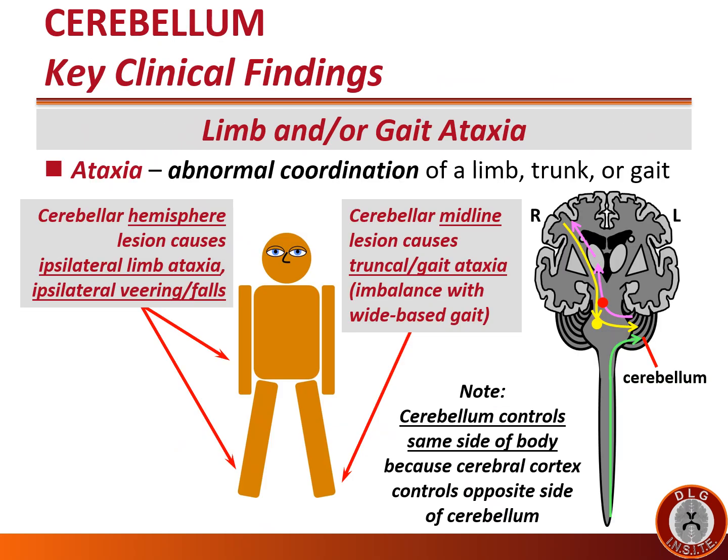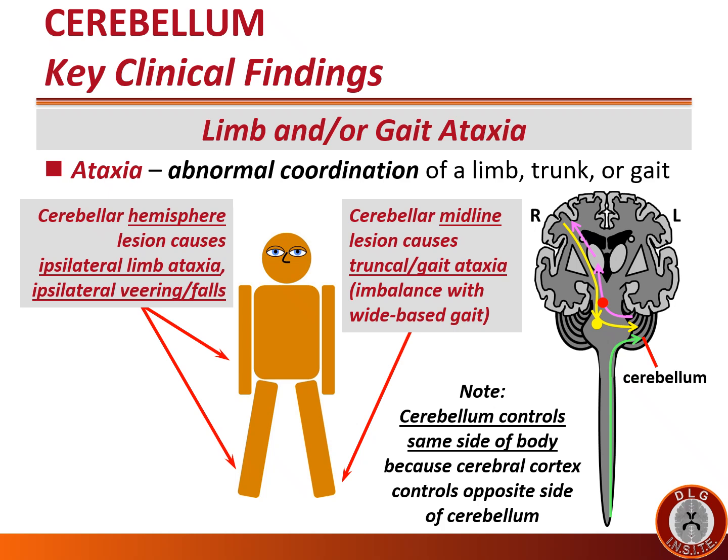Lesions in the cerebellum cause limb and or gait ataxia. Ataxia is abnormal coordination of a limb, trunk, or gait. A cerebellar hemisphere lesion, that's the most common kind of cerebellar lesion, causes ipsilateral limb ataxia with ipsilateral veering and falls.